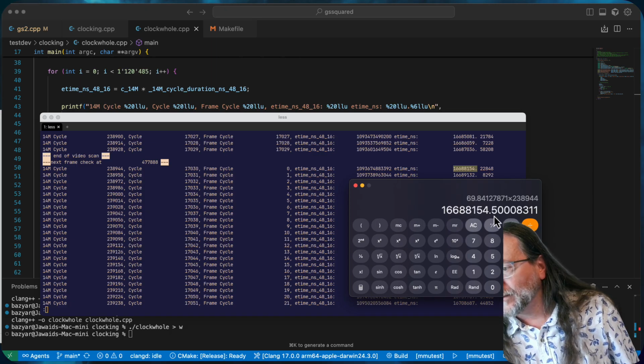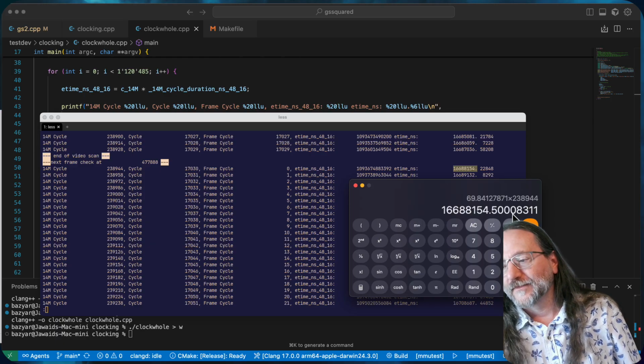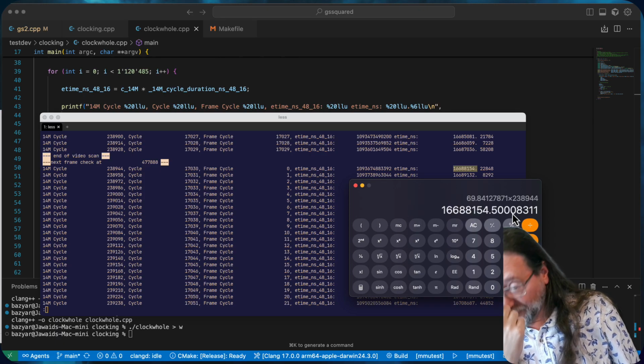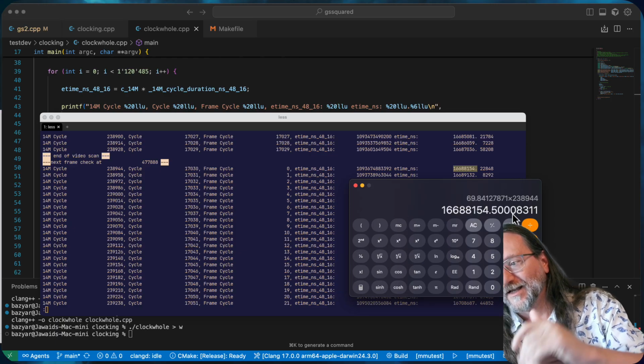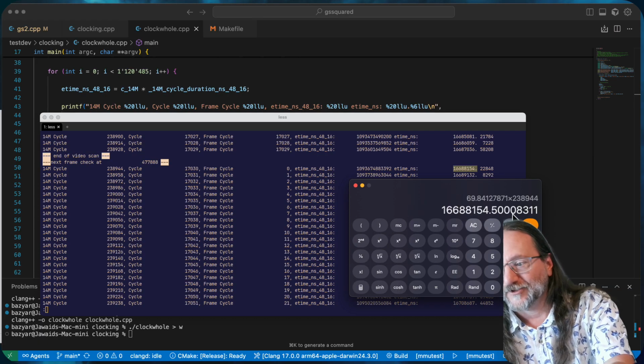Okay, so 16688,154.5000. Oh, that's interesting, right? So instead of multiplying for frame start times, for cycle start times, I will use this multiplication.